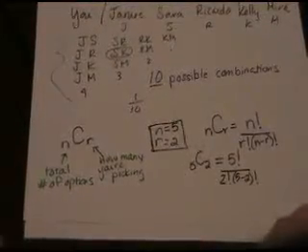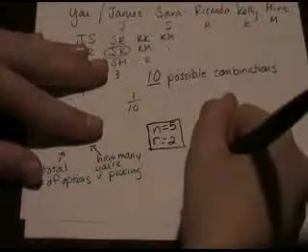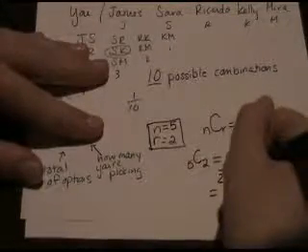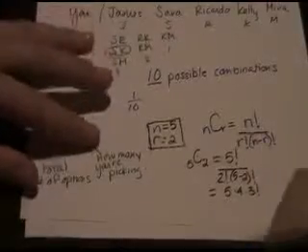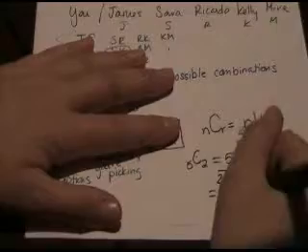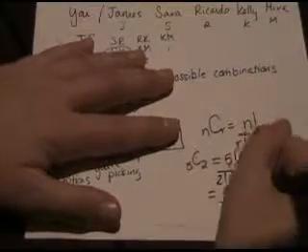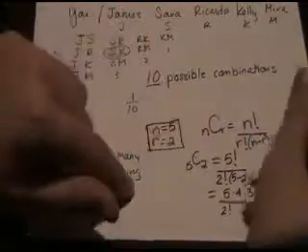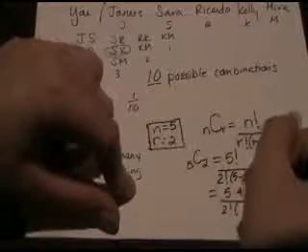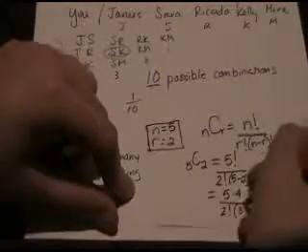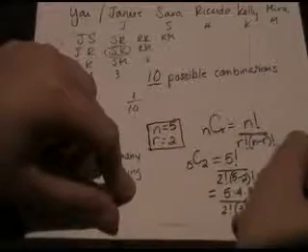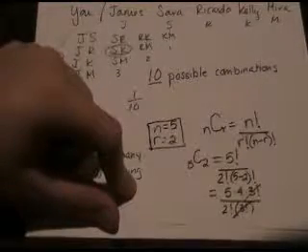Order of operations. We're ready to go ahead and say that equals 5 times 4 times 3 factorial. And I'm going to pause there because in the denominator we have 2 factorial times 3 factorial. Well, the 3 factorial in the numerator cancels out with the 3 factorial in the denominator.